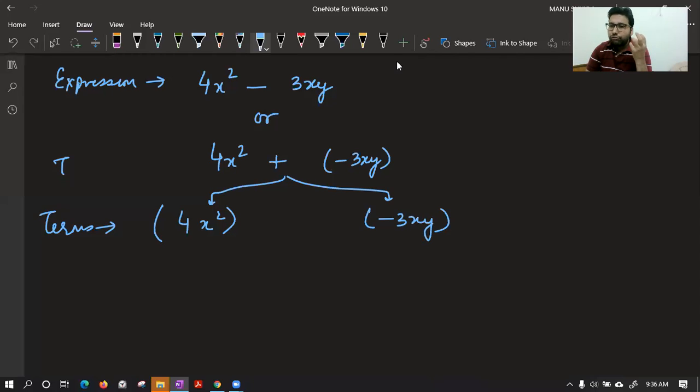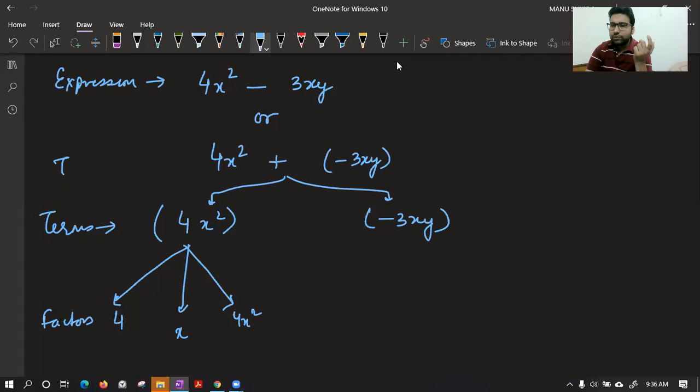Now comes the factors. The factors are, you can see 4 is a factor because 4 into x square will give you 4x square. X is a factor. Why? Because x into 4x will give you 4x square. Again, they have taken x only, but you can take 4x square also.